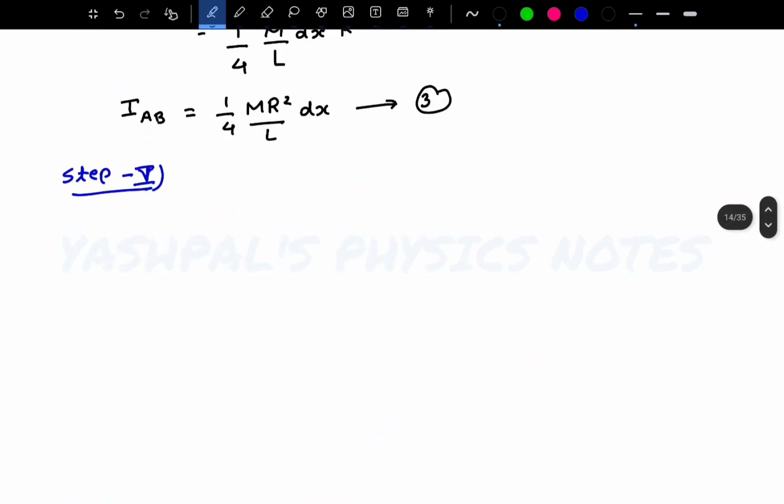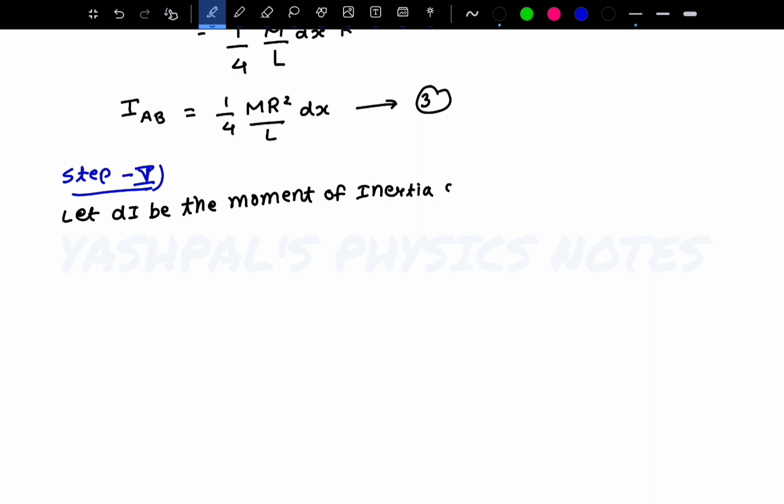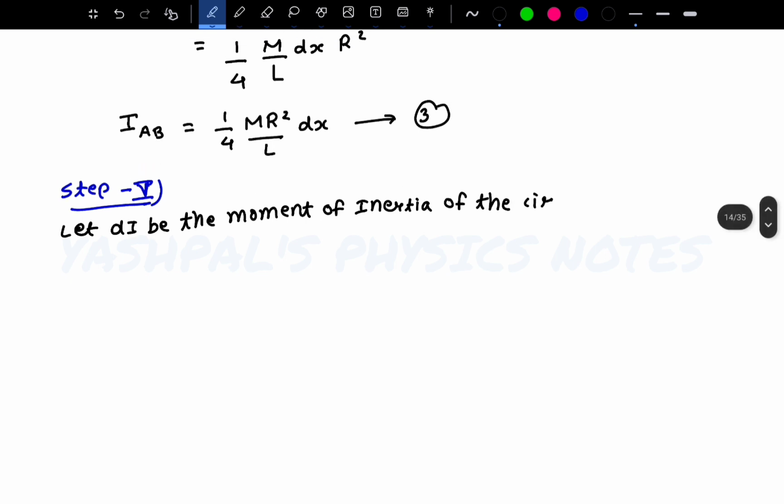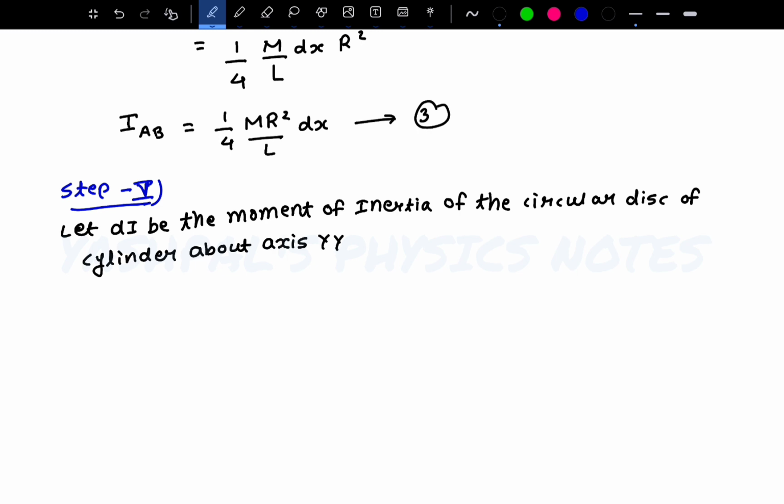So here I am writing, let dI be the moment of inertia of the circular disc of the cylinder about axis y dash.